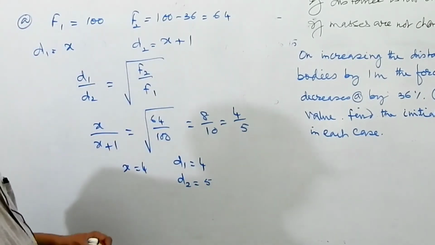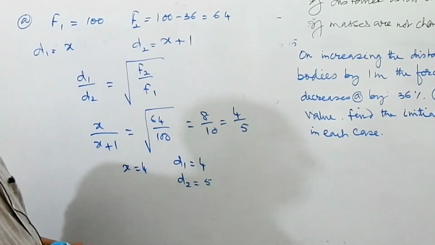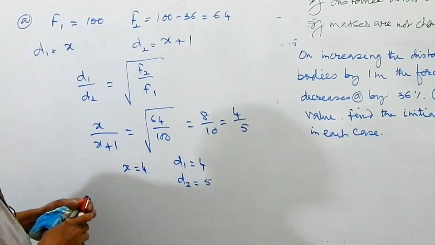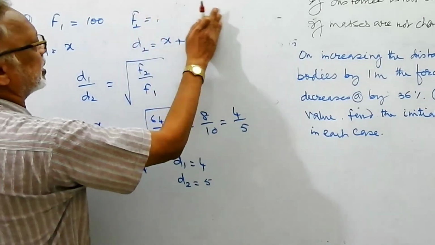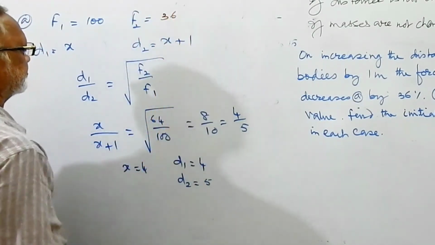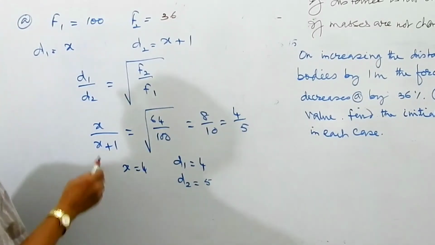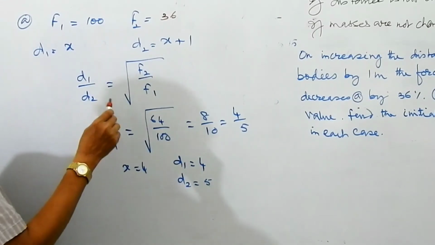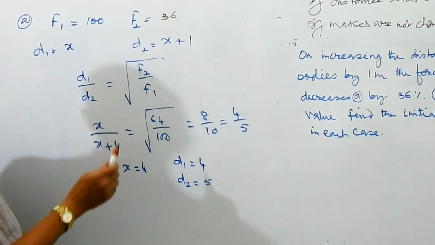Now let us consider part B. Here the force is decreasing to 36%. So F2 is directly becoming 36. d1 is x, d2 is x plus 1. d1 by d2 is equal to under root F2 by F1.